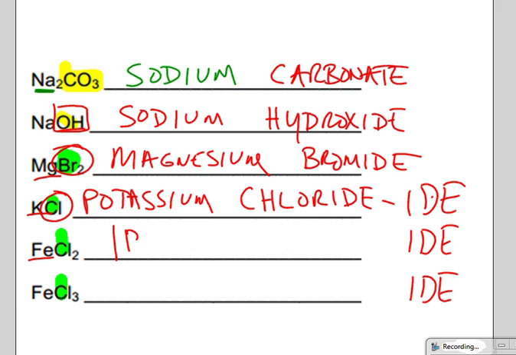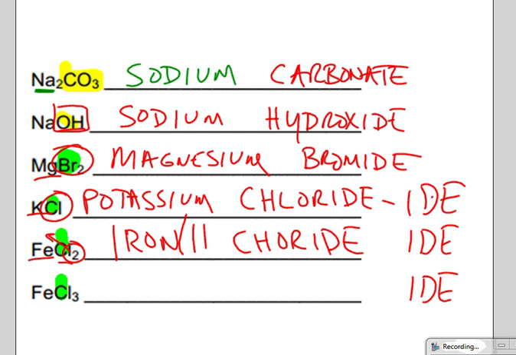Fe is iron. Cl is chloride. When you go with a transition metal, there's an additional piece that you have to add. You have to add its charge, because remember, several transition metals have multiple charges. An easy way for me to tell the charge is the subscript. I can pull back the crisscross, and I know this is iron III because of that.